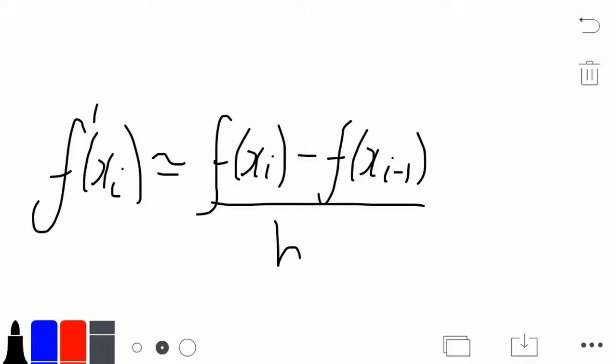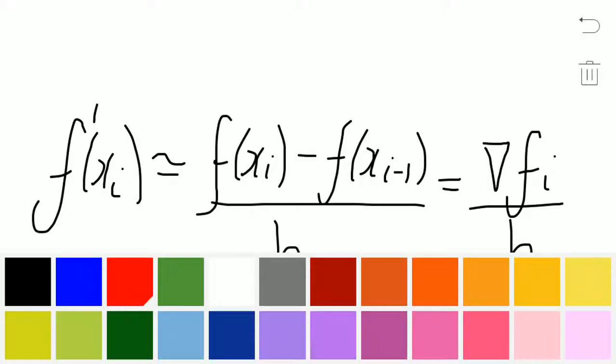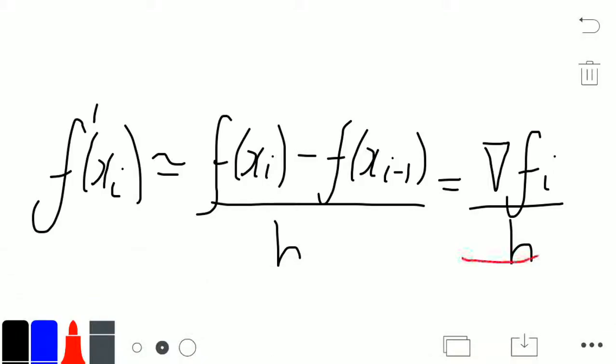And this can be rewritten as our upside down triangle, f at point i, over h. And this is what we term the first backward approximation of the derivative.